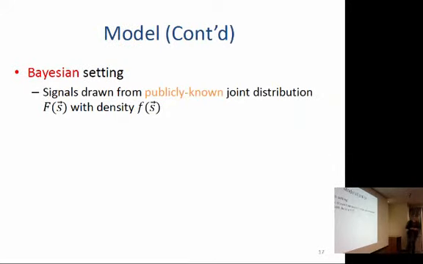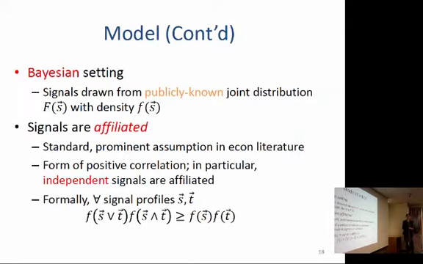Okay. We're also going to assume as part of the model that we're in a Bayesian setting. So the signals are drawn from some publicly known joint distribution that we denote by capital F, and it has density f. And this is an important assumption of the model. Signals are assumed to be what's called affiliated.